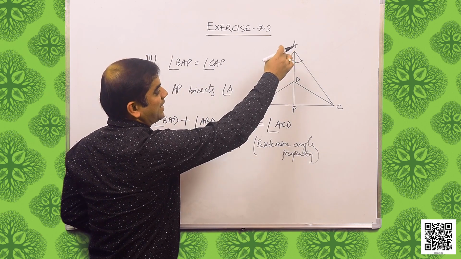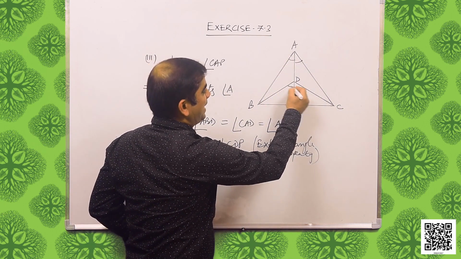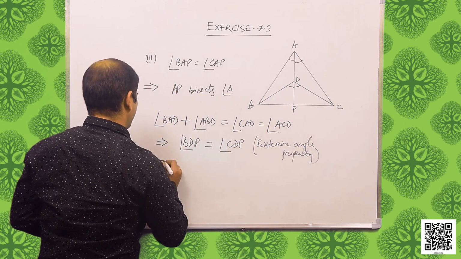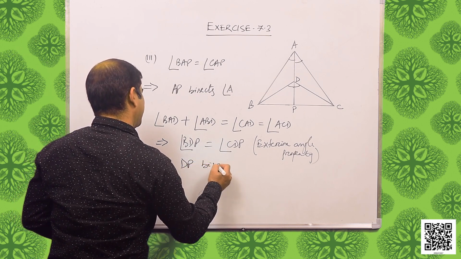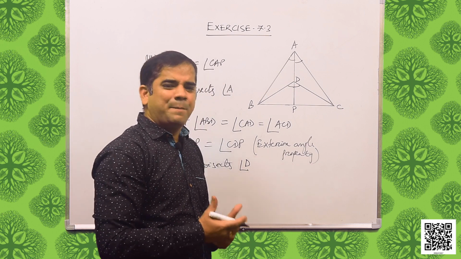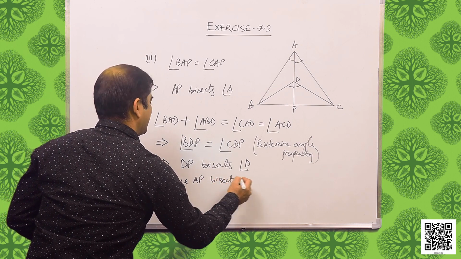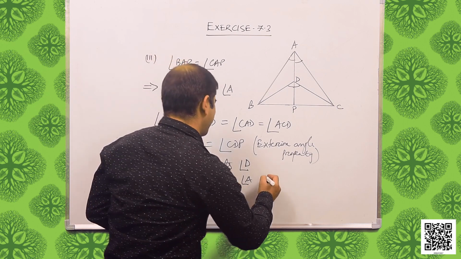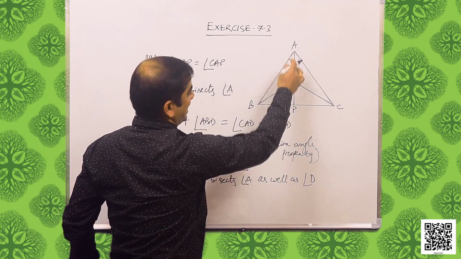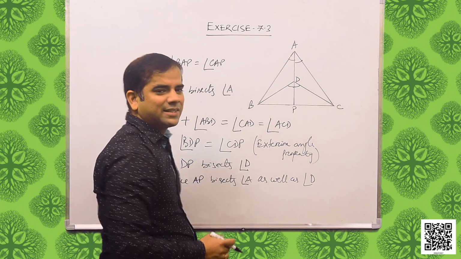So, DP bisects angle D. Hence, AP bisects angle A as well as angle D. DP is a part of AP, so AP also bisects angle D.